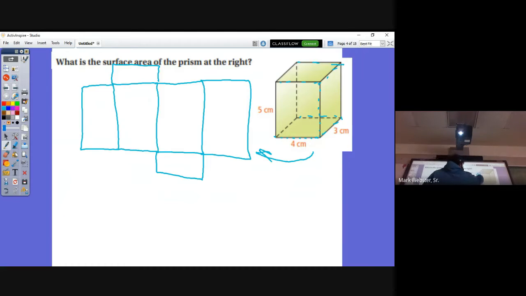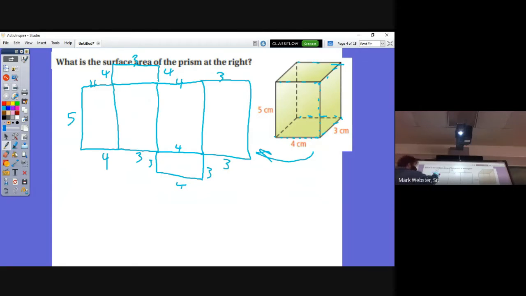This dimension is 5 all the way across, and then you've got 3, 4, 3, 4, and 3. You get all that, and then you've got these 6 rectangles, you can just figure that out, right?